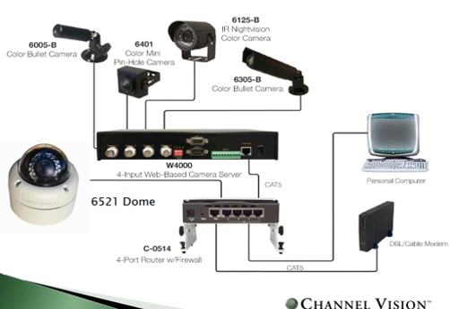Well, with the new IP cameras, you don't go to the web server. The web server is built into the camera. So you just go directly out of the camera right into your router or into your switch, just like you see in the picture here. Connect the router or switch right to the camera. No need to have any device in between.